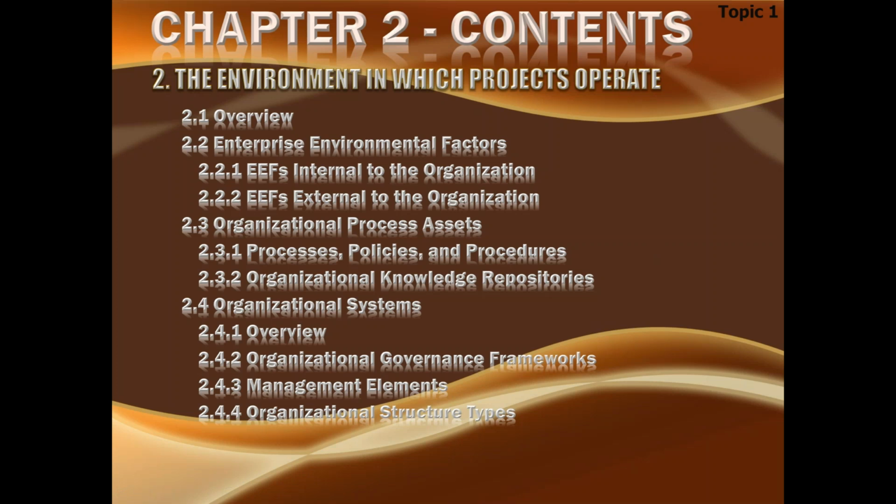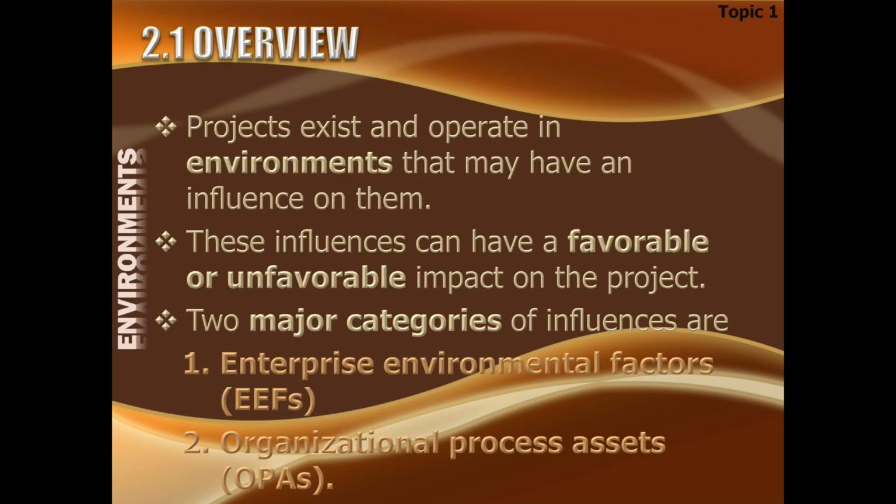Then we'll talk about organizational process assets, in which we have policies, processes and procedures on one side and organizational knowledge repositories on the other side. Then we have organizational systems, where we'll talk about the overview, organizational governance frameworks, management elements and organizational structure types. So this is what I intend doing today.